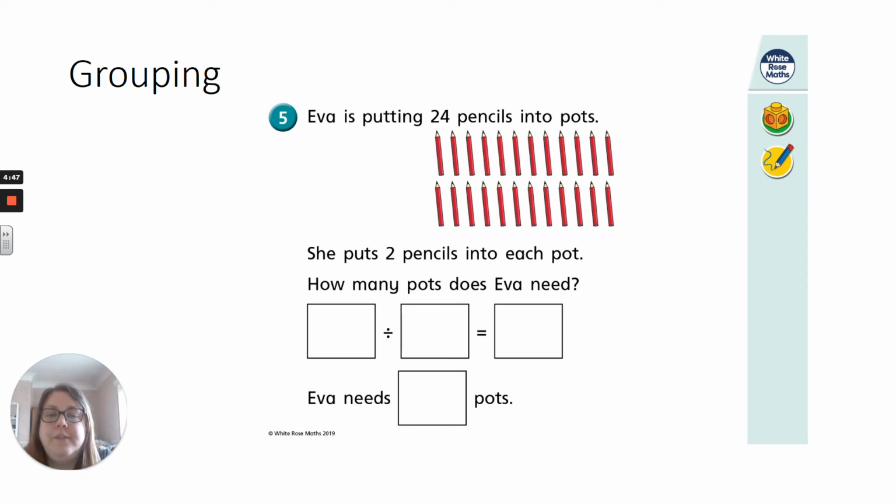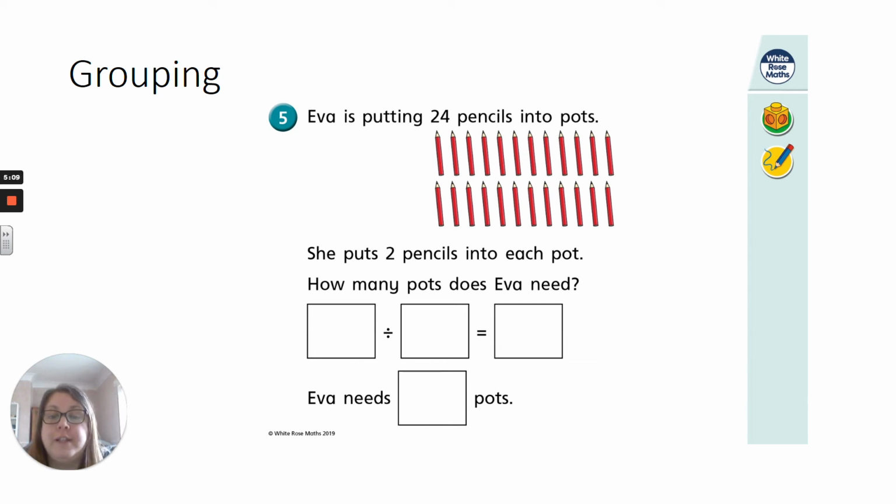Okay, this one then. Eva is putting 24 pencils into pots. She puts 2 pencils into each pot. How many pots does Eva need? So she's got 24 pencils in pots and she's got 2 pencils in each pot. How many pots does Eva need? So you might want to draw pencils and group them in twos to see if that helps you.